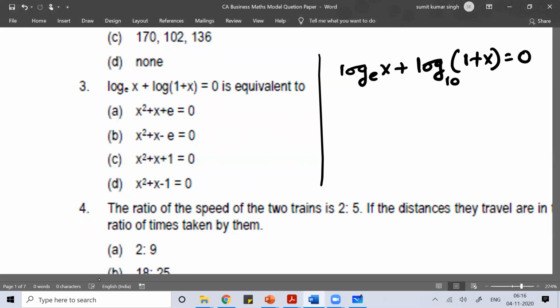I believe you are well versed with the basic concepts of logarithm. The base of a logarithm should be a positive number not equal to 1. Generally your base is either e or 10: common logarithm when the base is 10, natural logarithm when the base is e.